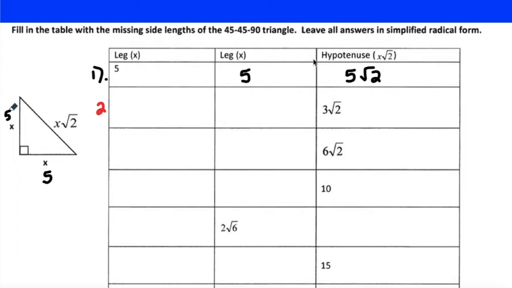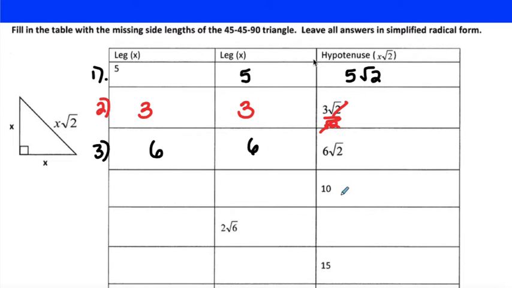In number 2, if I give you that the hypotenuse is 3 root 2, well then I have to divide by root 2 to get the sides, which is just going to be that number that's in front. So 3 and therefore 3 because it is isosceles. All right. With 6 root 2, again, I divide by root 2, and I'll get 6 and 6.